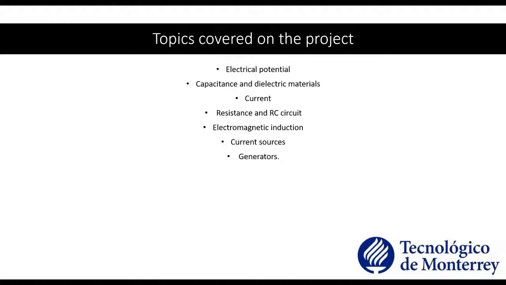Current sources: an electric circuit element that delivers or absorbs an electric current which is independent of the voltage across it. And the last concept is generator. For this concept we will use electrical generator. It's a device that converts mechanical energy into electrical power for use in an external circuit.